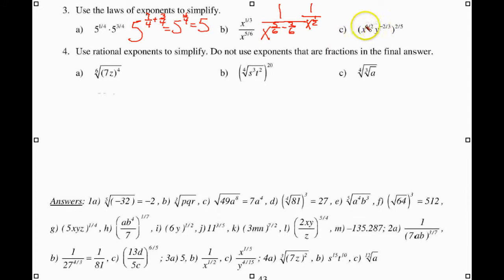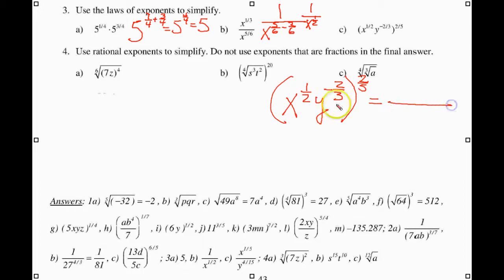Okay. Now let me write this out for you because this one's sort of challenging. X to the 1/2, y to the negative 2/3. Now we're raising these powers to a power. So in this case, we're going to multiply. So when we multiply here, we go 1/2. There's an x there. 1/2 times 2/5. Can you see the 2's will cancel out and we end up with 1/5.